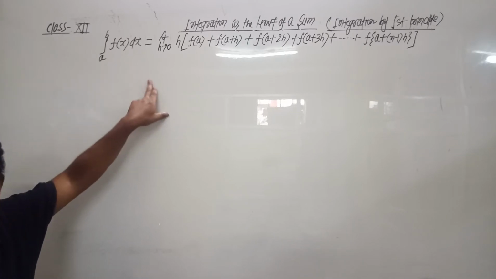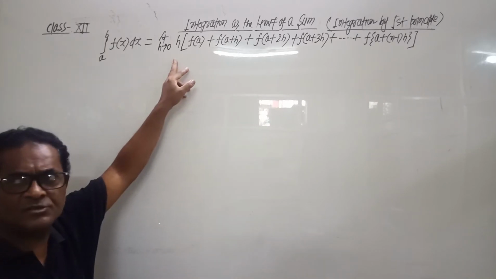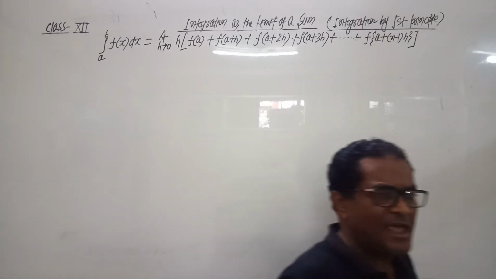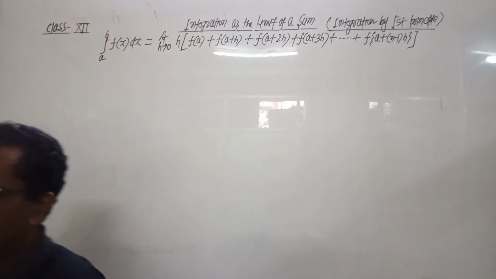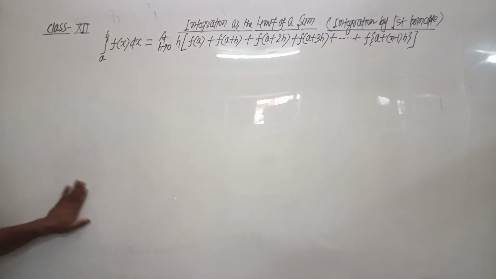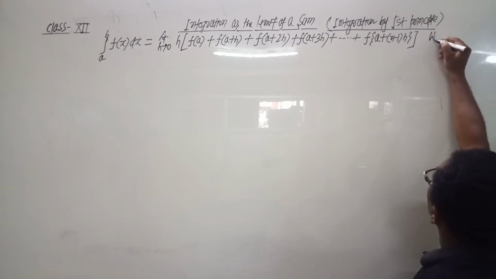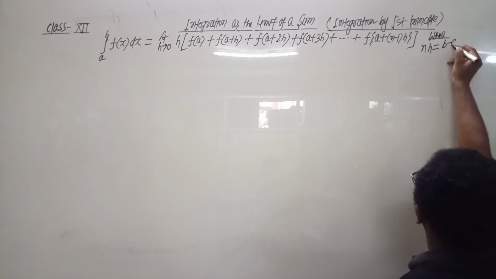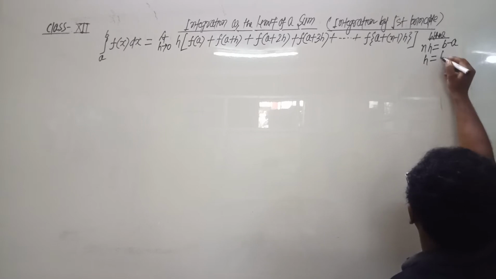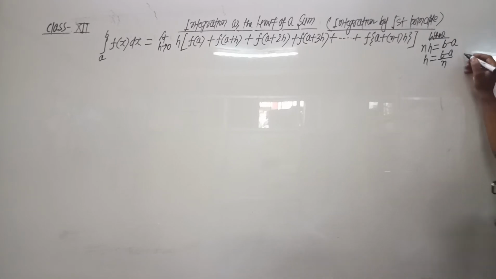If the integration is of the form a to b f(x) dx, then this equals limit h tends to 0 of h times [f(a) + f(a+h) + f(a+2h) + f(a+3h) + ... + f(a+(n-1)h)], where n times h equals b minus a, and h equals (b minus a) by n, and here n tends to infinity.